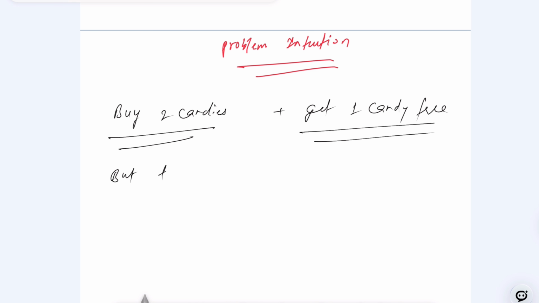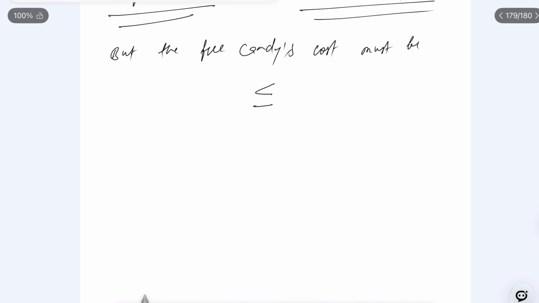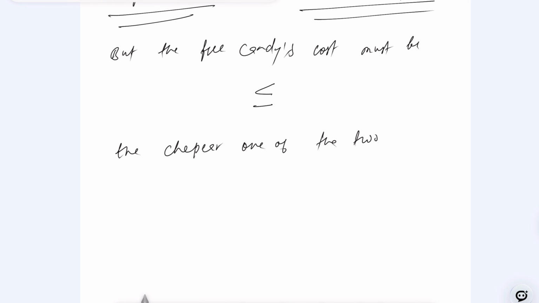The free candy's cost must be less than or equal to the cheaper one of the two paid candies. Can we say that?